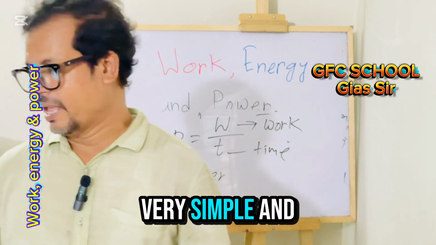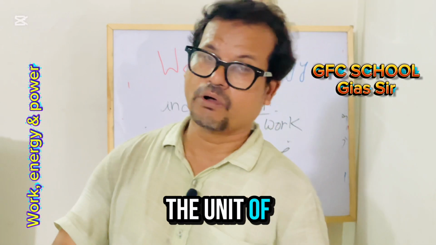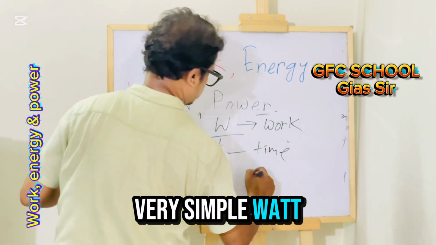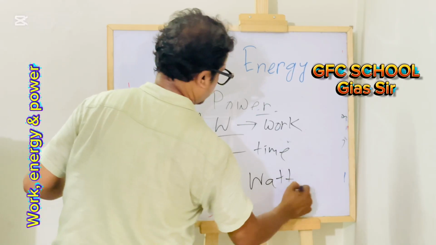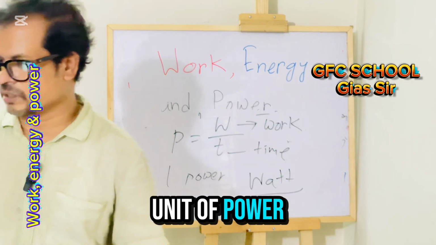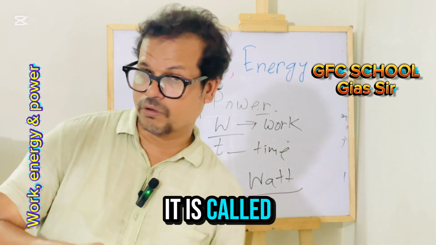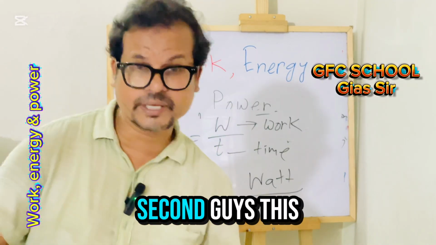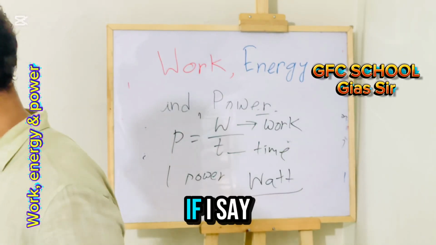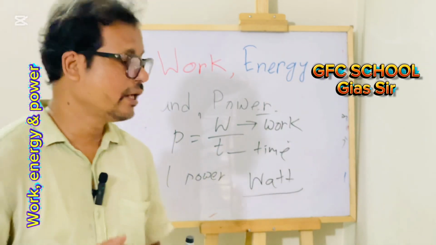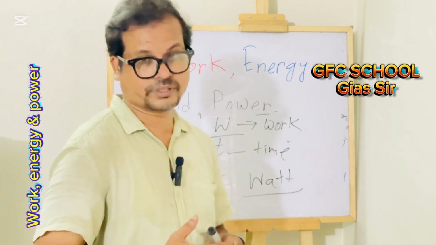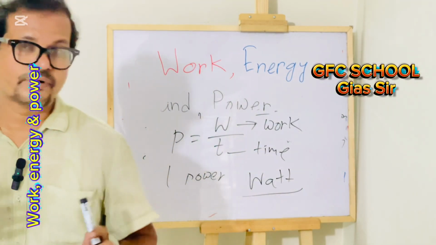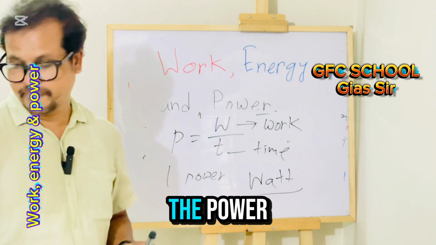Guys, very simple. And the unit of power is watt. The unit of work is joule, and the unit of power is joule per second. If I say one object has done 50 joule of work in 5 seconds, what will be the power?